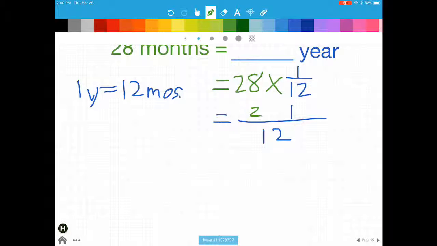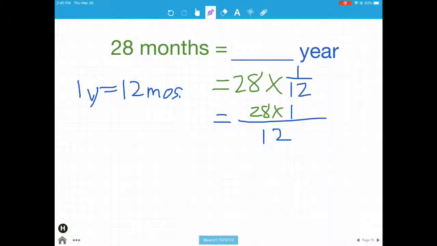Over here we have 28 times 1. Now some of you can already see that it's going to be 28/12, but we're going to simplify that. We can cancel, we know, by at least 2. Can we do 4? Let's see, 4 times 7. Yes, we can do that. And the 3 here. So our answer is 7/3, or 2 1/3 of a year.